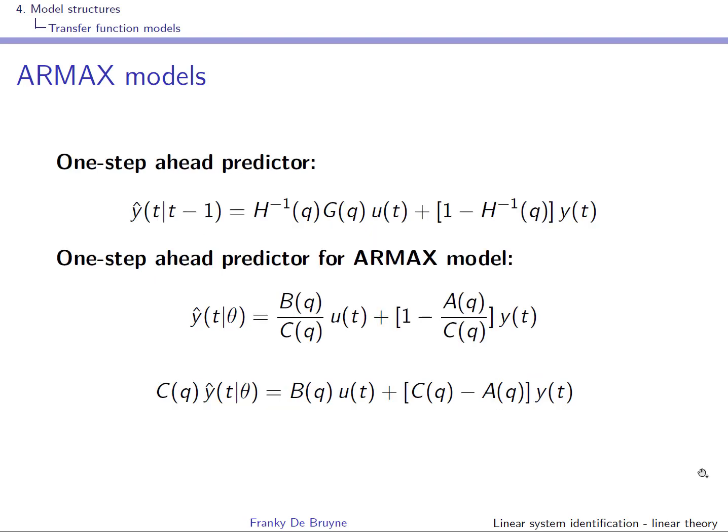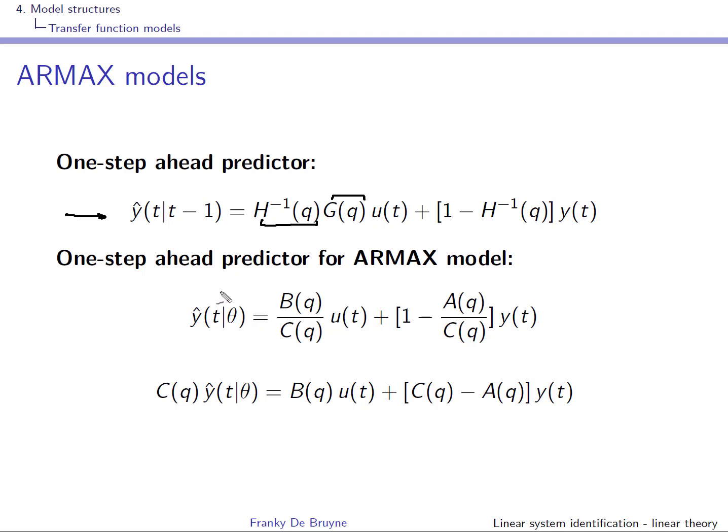So we can do the same exercise as we did for the ARX model and write the one step ahead predictor for the ARMAX model. So remember that the one step ahead predictor, if you know the input-output transfer function G and the noise model H(q), is given by this expression over here.